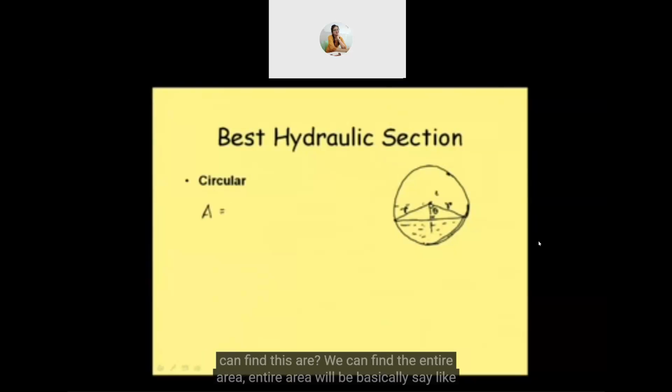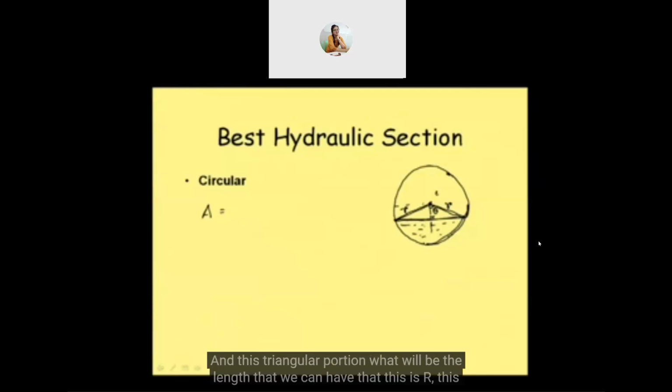The entire area, for the whole circle, is pi r square, that means twice pi is the total angle, so half of that is half of pi r square. For this sector, we know from basic geometry that it will be theta into r square, but from that theta r square we will have to deduct this triangular portion.